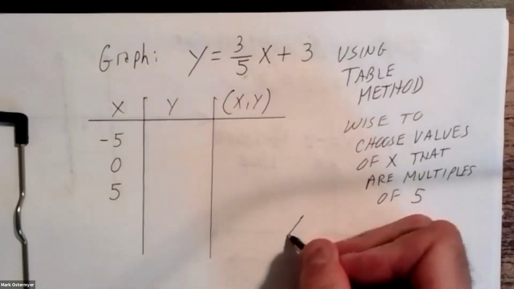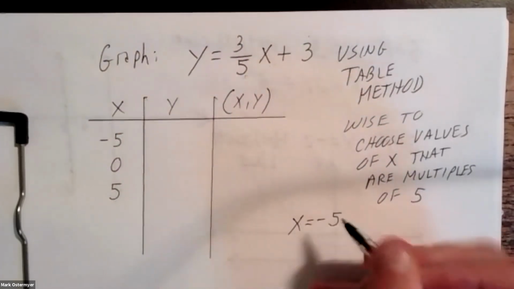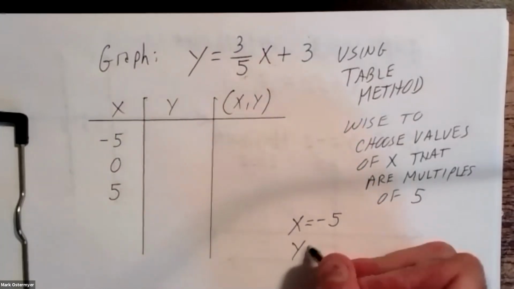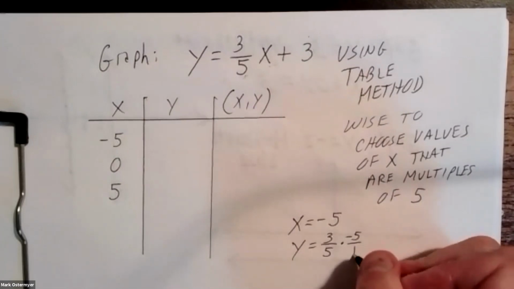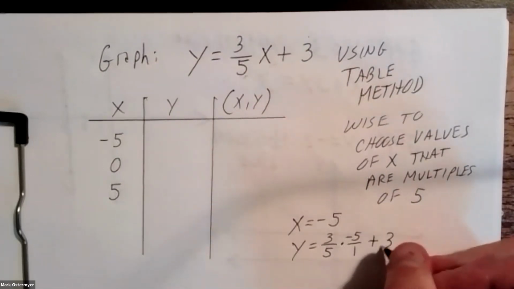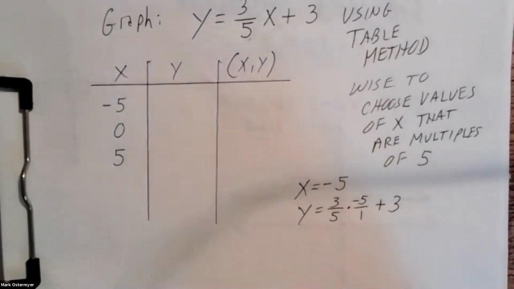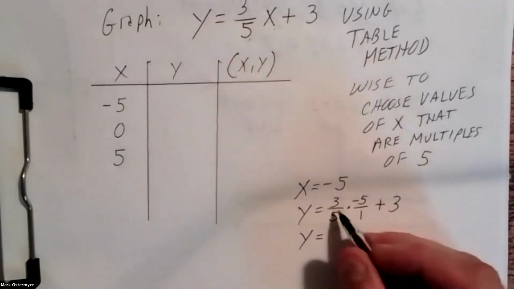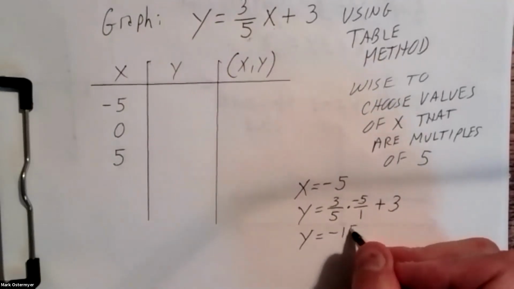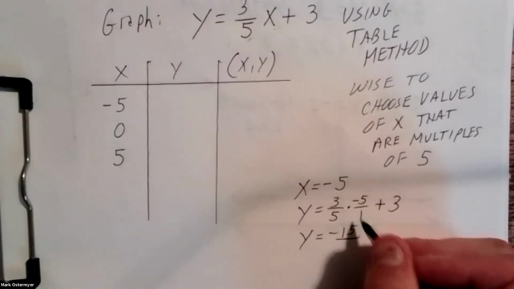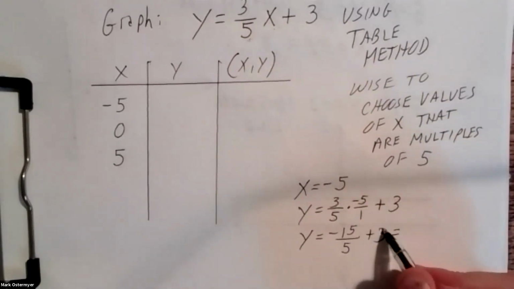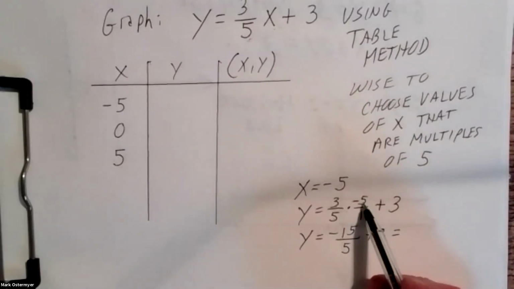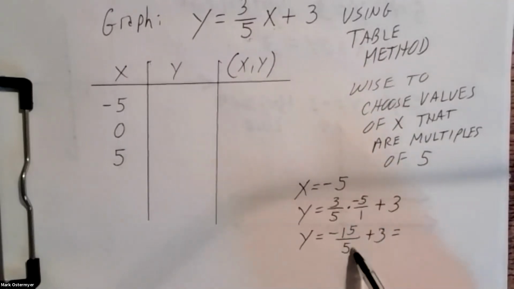So for instance, when x is equal to -5, y is going to be equal to 3/5 times -5 over 1, plus 3. So y is going to be equal to 3 times -5, which is -15, divided by 5 times 1, or 5, plus 3. But ladies and gentlemen, since we chose a nice multiple of 5 for x, we get a good reduction here.